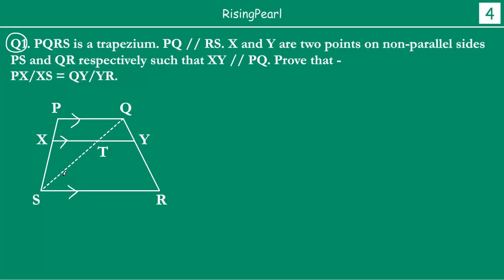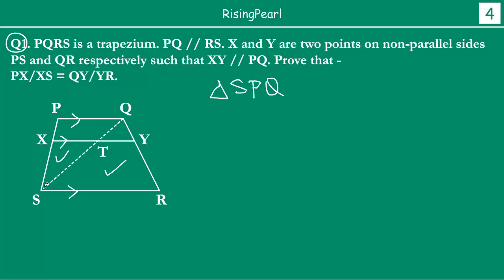The moment you join SQ, you have 2 triangles, this triangle and this triangle. We will take a look at each triangle one by one. First, we will take a look at triangle SPQ. In our triangle SPQ, you will notice that XT is parallel to PQ.